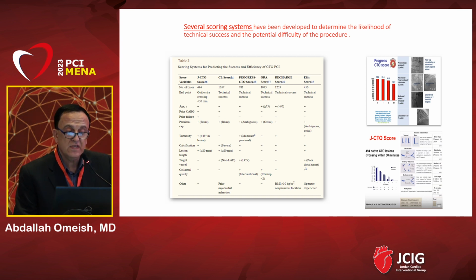Now, several scoring systems have been developed to determine the likelihood of technical success and the potential difficulty of the procedure. And these scoring systems are very useful for the beginners in order to time the length of the procedures and so on.